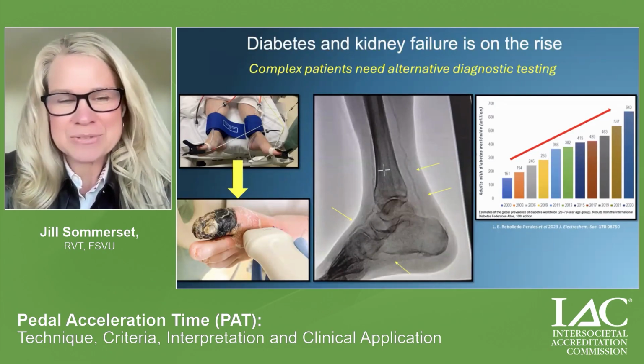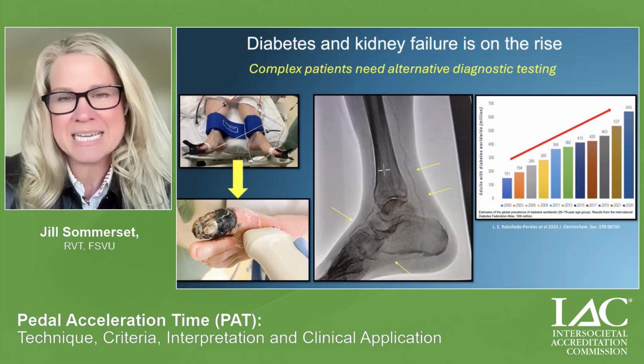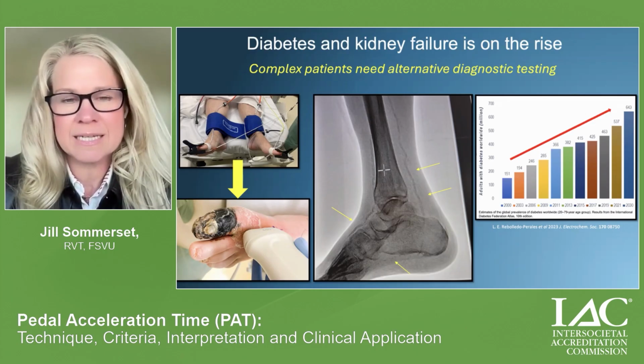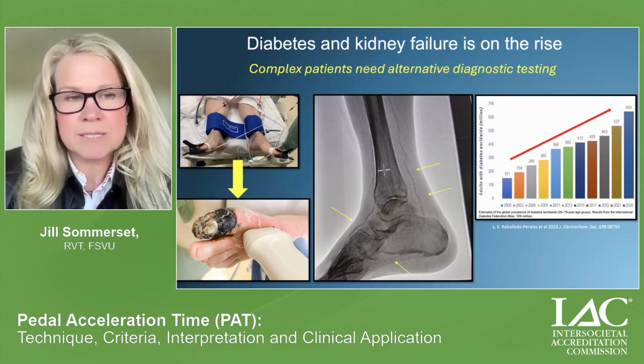So I think we can all agree that our patients are really complex. There is a rise of patients with diabetes, renal failure, and therefore the calcium burden in the tibial arteries and below the ankle into the pedal arch is quite calcified and really can be difficult to evaluate with our non-invasive tools.